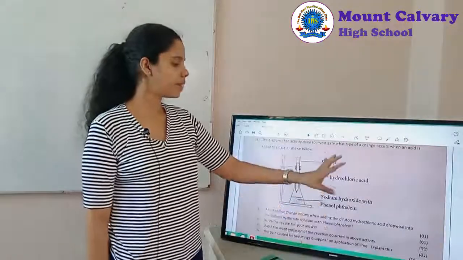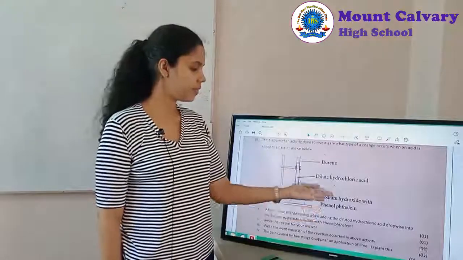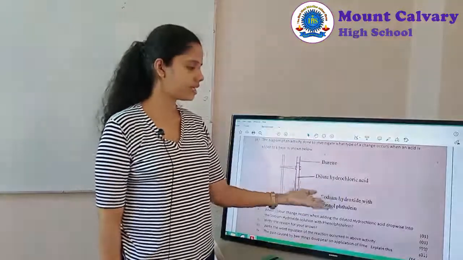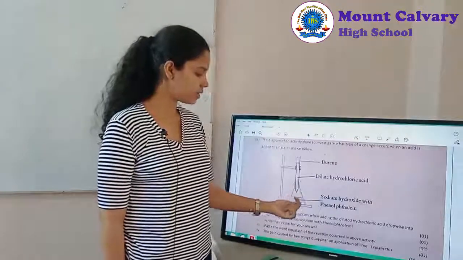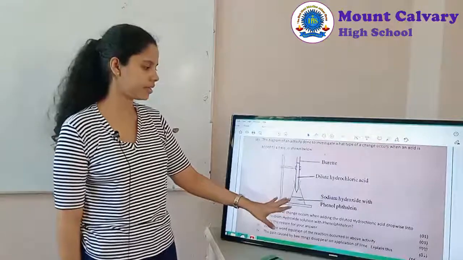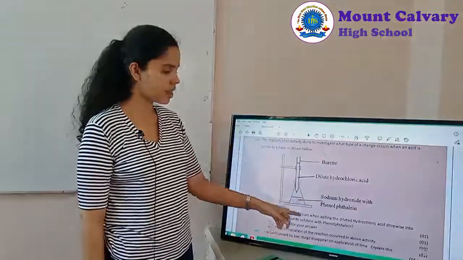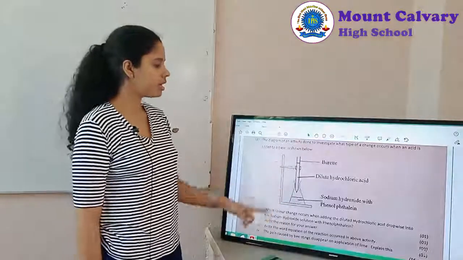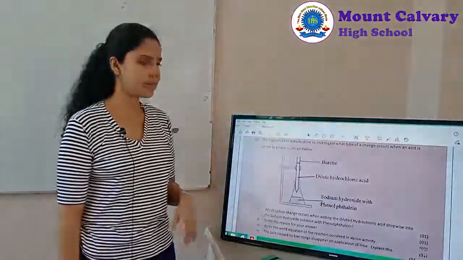Now what happens when you put phenolphthalein into a base? It will change to a pink color. So the color of the solution, sodium hydroxide and phenolphthalein, is pink.